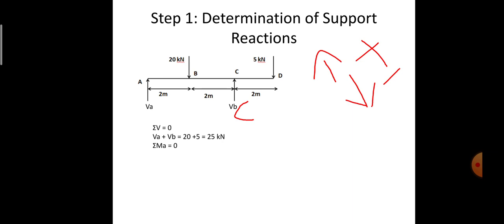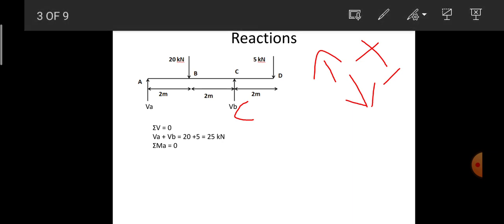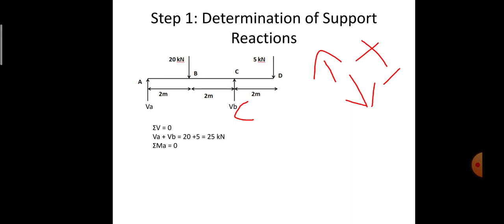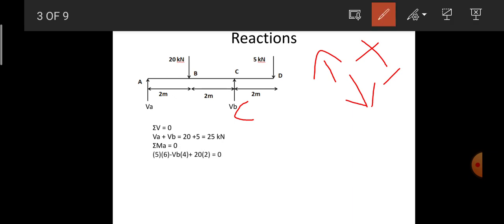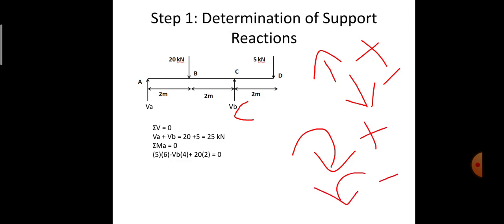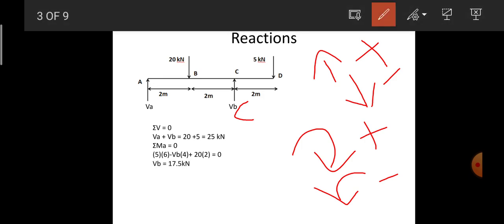Therefore I have taken moment about A as the reference point. I consider clockwise moment as positive and anti-clockwise moment as negative. With this sign convention, I start from point D.